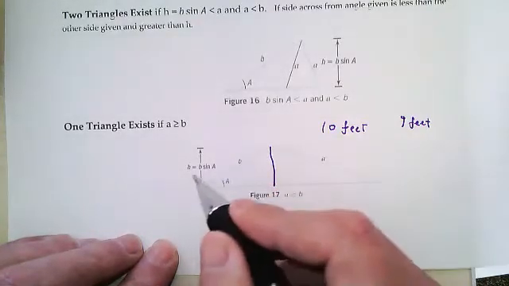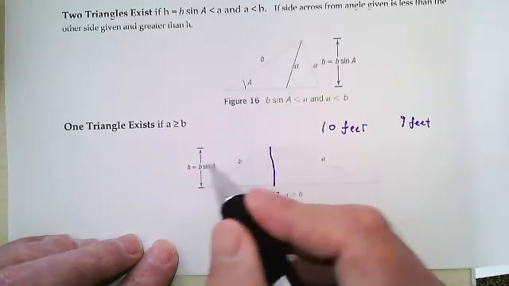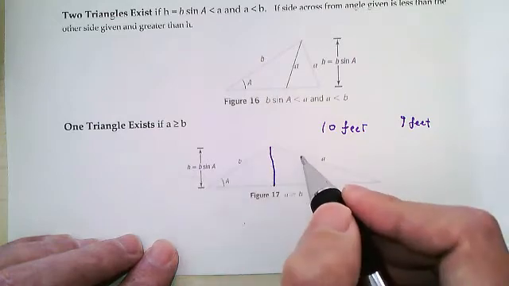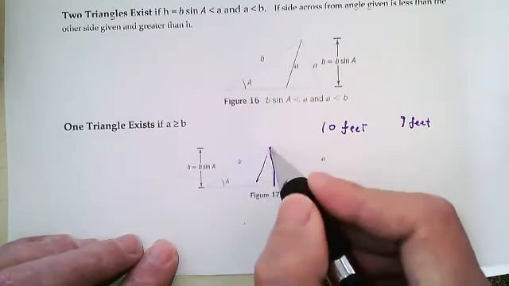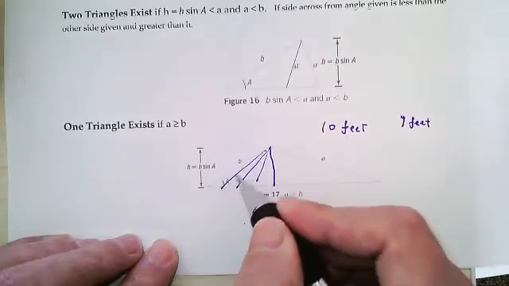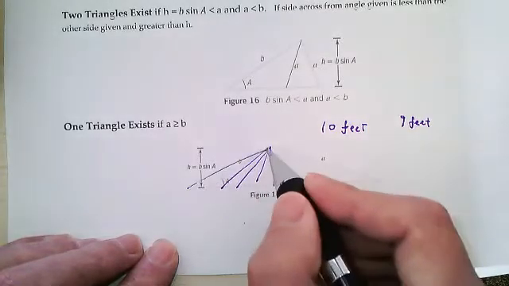But if you put A to here, capital A is no longer the corresponding angle. Because A is longer than B, if you move this side, getting longer and longer, eventually you have to go over to this side.